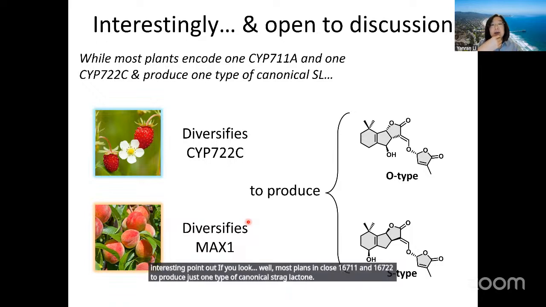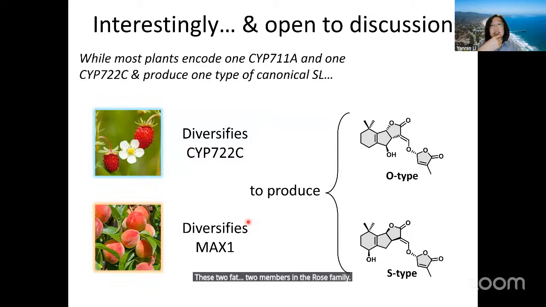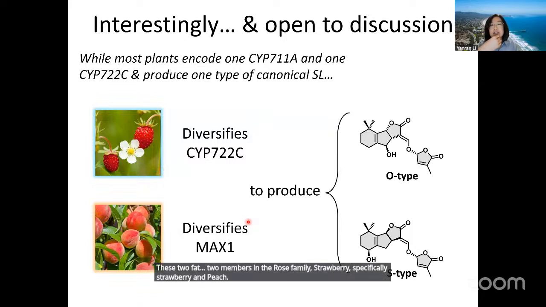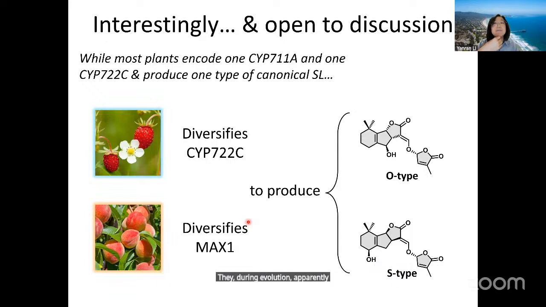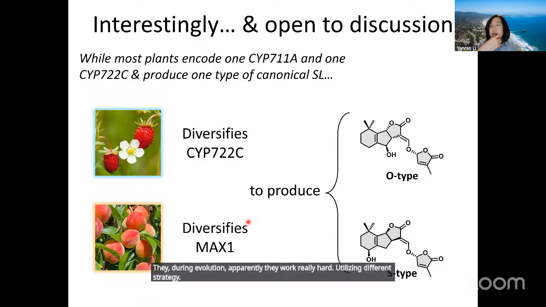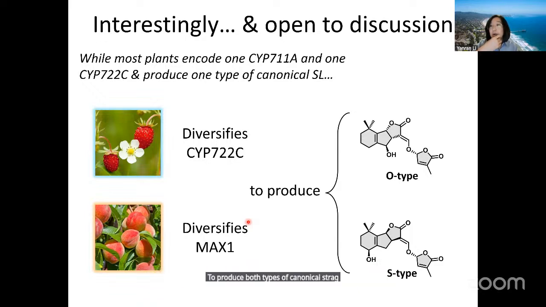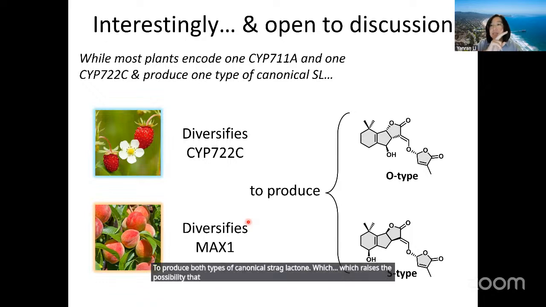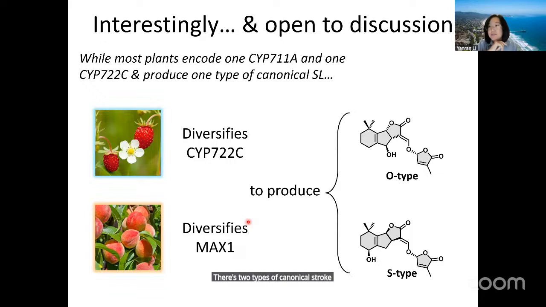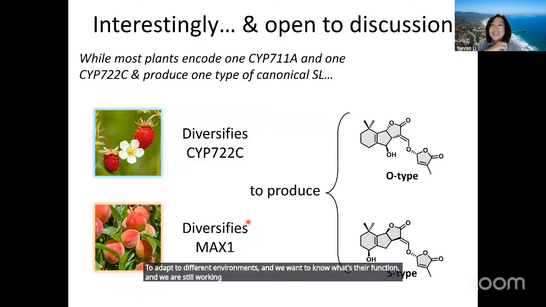These two members in the rose family, specifically strawberry and peach, during evolution apparently worked really hard, utilizing different strategies to produce both types of canonical strigolactone, which raises the possibility that these two types must have different functions, and must play a role in strawberry and peach to adapt to different environments. We want to know what their function is, and we are still working really hard to try to answer this question.